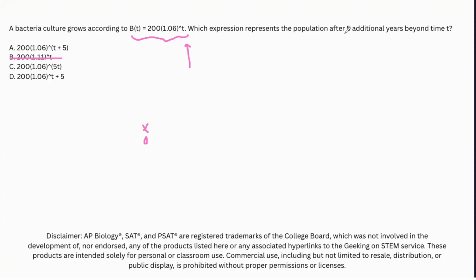Now, it's talking about 5 additional years. So we want to think about the fact that it is the time point, whatever that might be at that growth, plus the 5 years to that, starting at T, whatever that base point is. Because of this, I can eliminate C, and now I'm left with A and D. So what's the difference between the two?